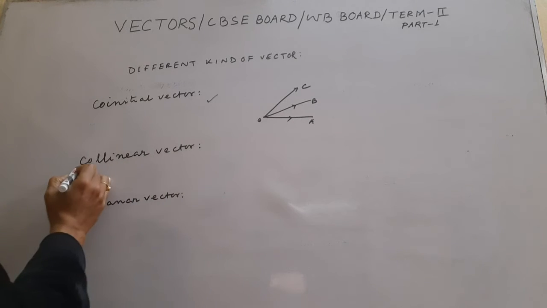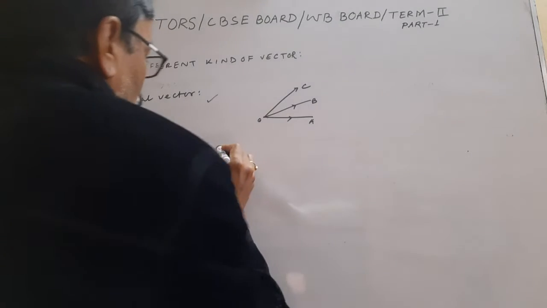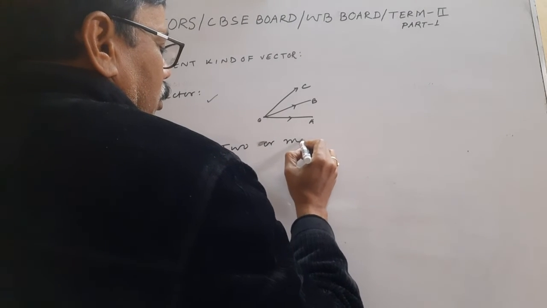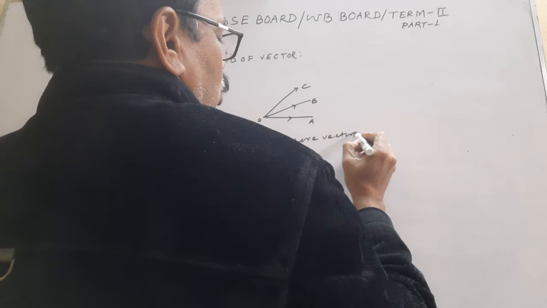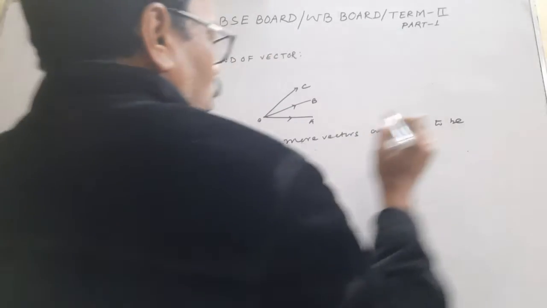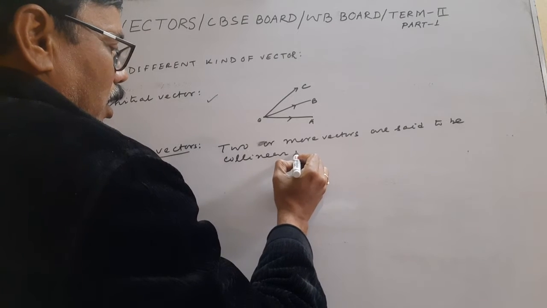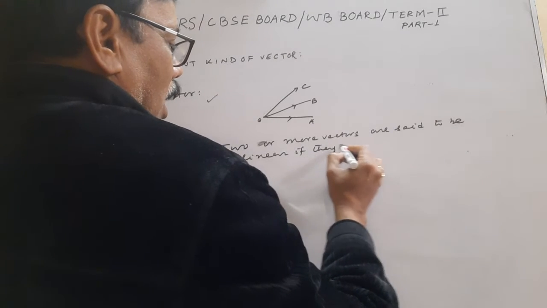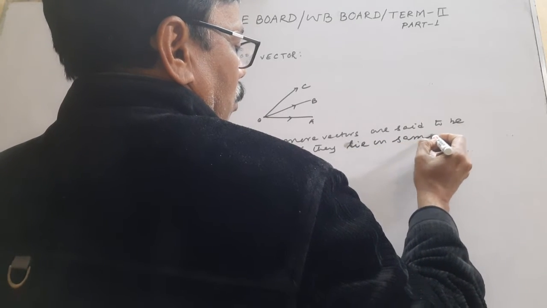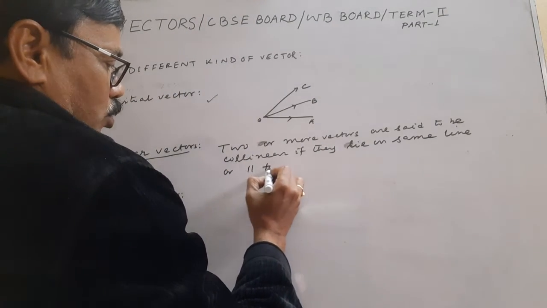Now collinear vectors. Two or more vectors are said to be collinear if they lie on the same line or are parallel to the same line.